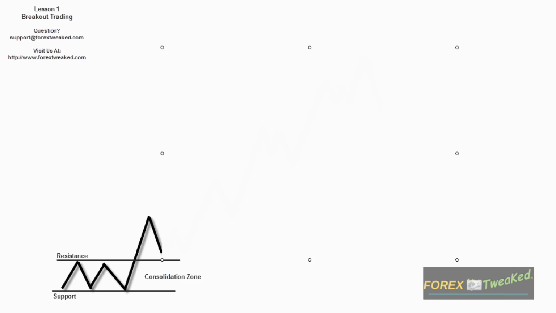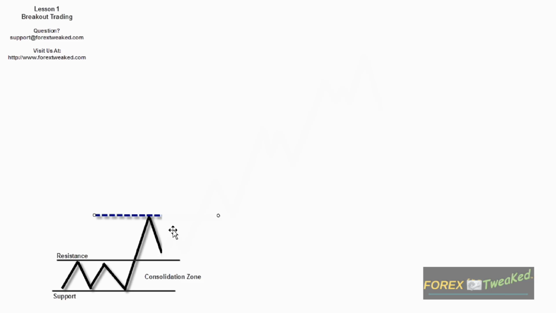So typically what I like to do in setting up my breakout trade is I like to mark that new high. Okay, and I do that by drawing a line. So basically what I'm doing here is I'm marking a potential point of where I would enter a breakout trade.